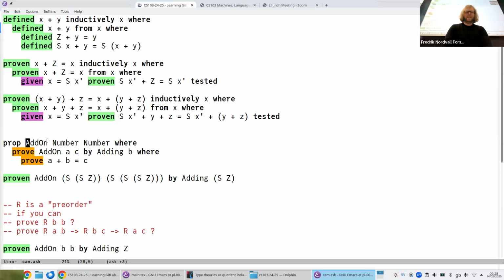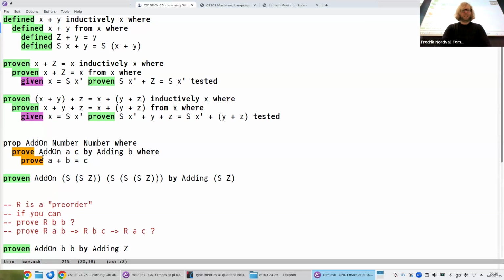So when is it the case that we can add on something to a number A to get a number C? Well, intuitively, this should be the case exactly when A is less than or equal to C, right? Because if A is smaller, then we can take the difference and add that on to get the bigger thing.